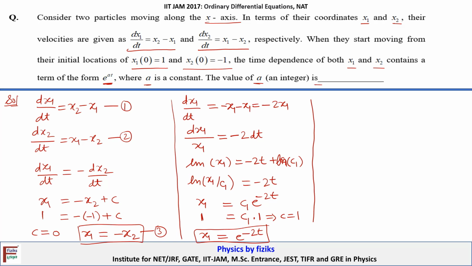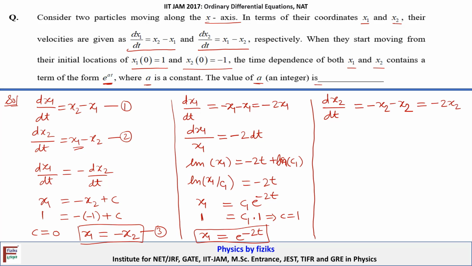Now for the path of the second particle, we write the second equation, dx2 by dt is equal to x1 minus x2, and because we have substituted in equation 2 this x1 by minus x2, we get the differential equation only in terms of x2, which can be further written as minus 2 times x2.